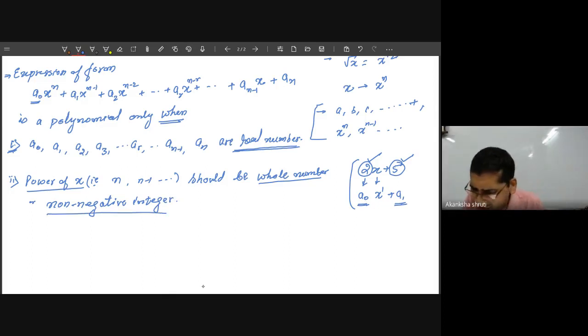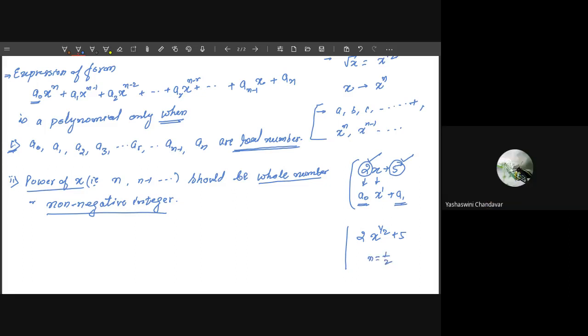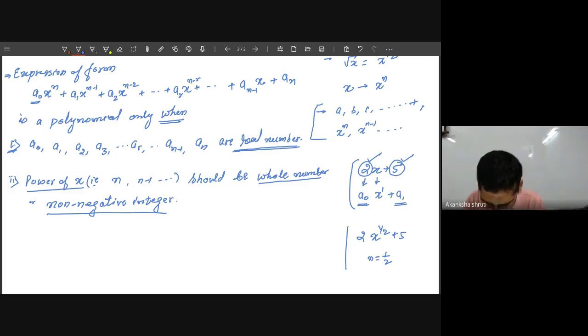Example, watch on the right corner, if I am taking 2x to the power 1 by 2 plus 5, what is the value of n here? n is 1 by 2. Is it a whole number, or a non-negative integer?